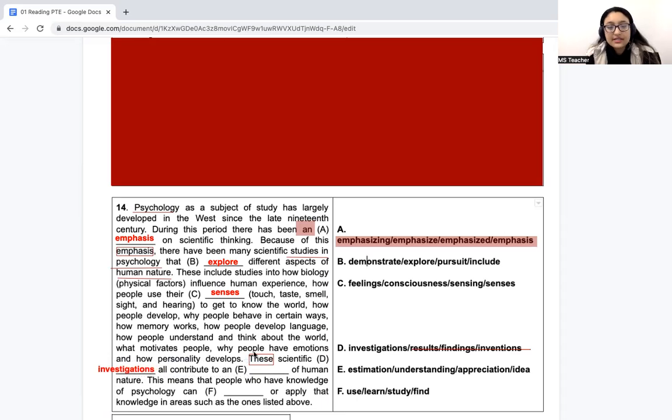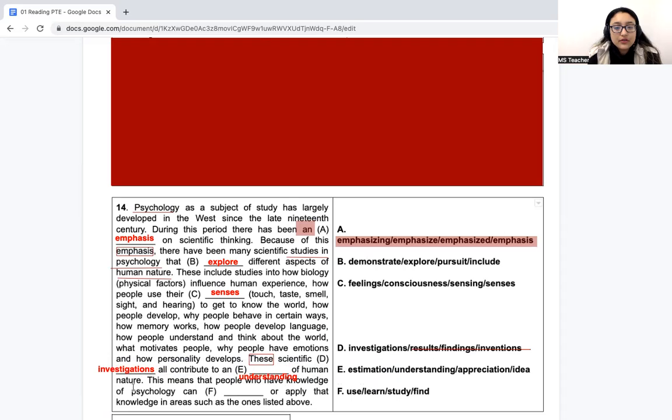These scientific investigations all contribute to an dash of human nature. To what is it going to contribute? To an understanding. Easy, because after knowing all these, we will understand human nature. So this is going to help us understand human nature. It's going to contribute to understanding of human nature.